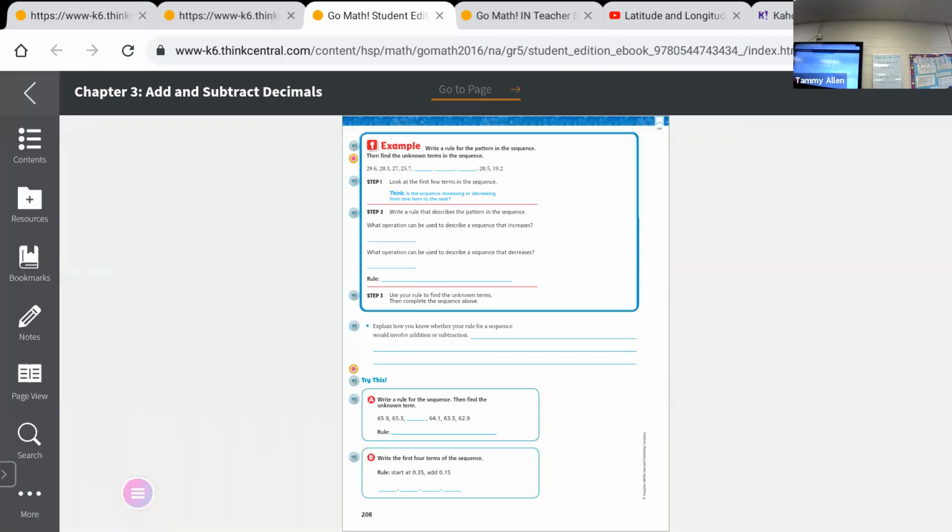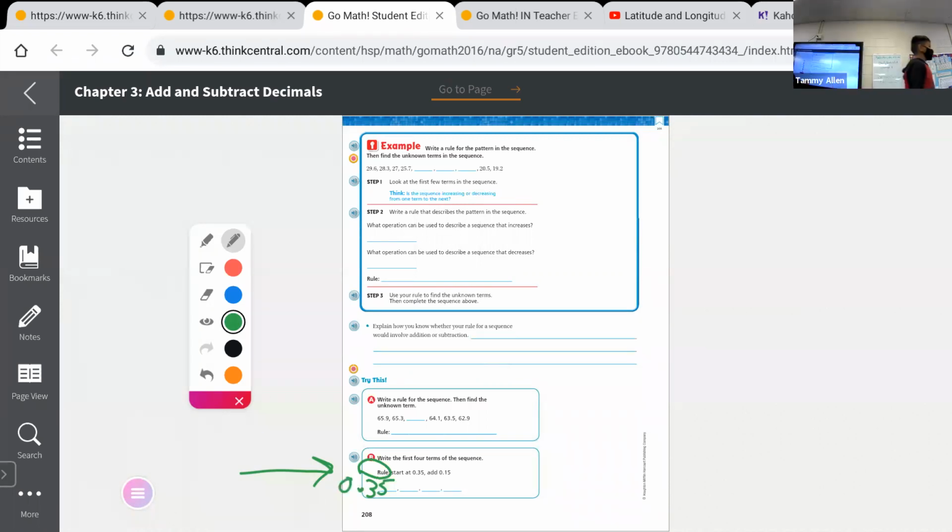When you look down here at part B, it's giving you the rule. It tells you what to start with, and it tells you to add 1,500, right? And it was the first 4 terms of the sequence.